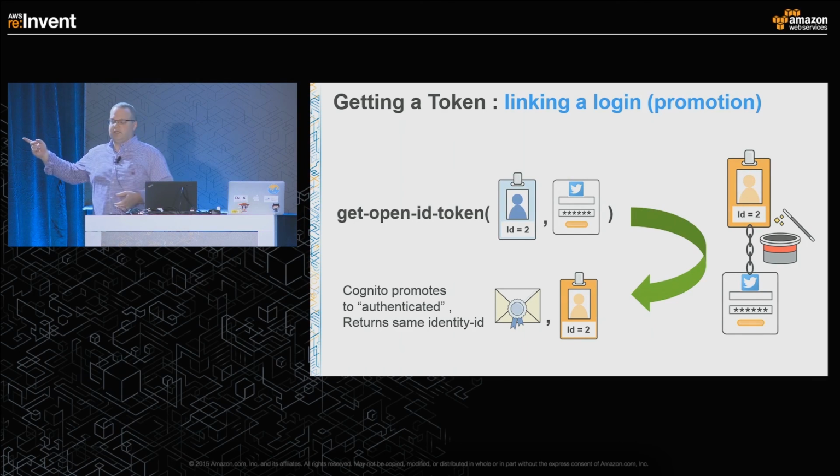You'll actually get back the same identity ID in this case, but now it's authenticated. And from now on, whenever you want to get a token from Cognito, you have to authenticate that request with a valid identity token.